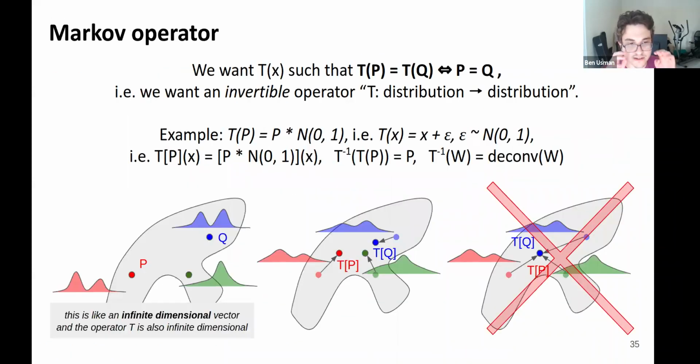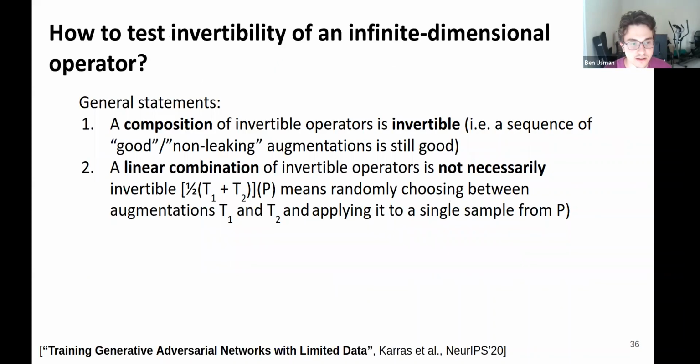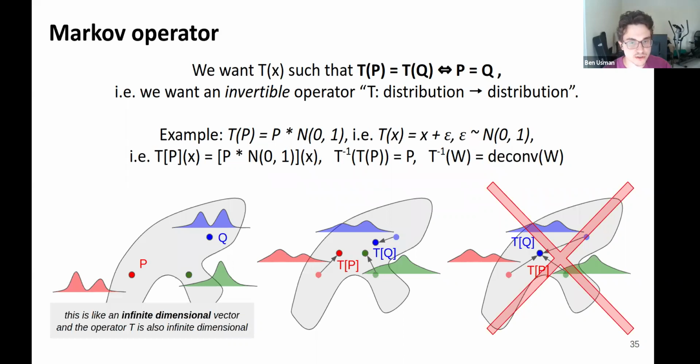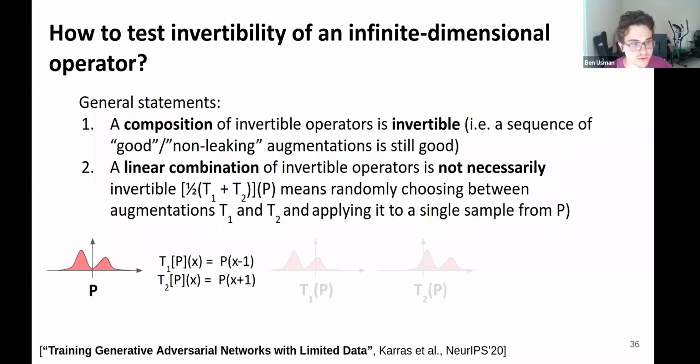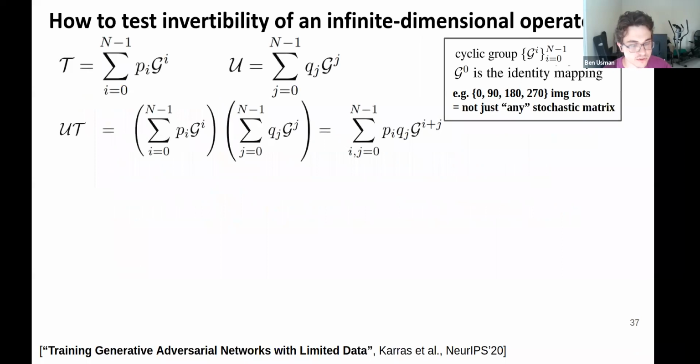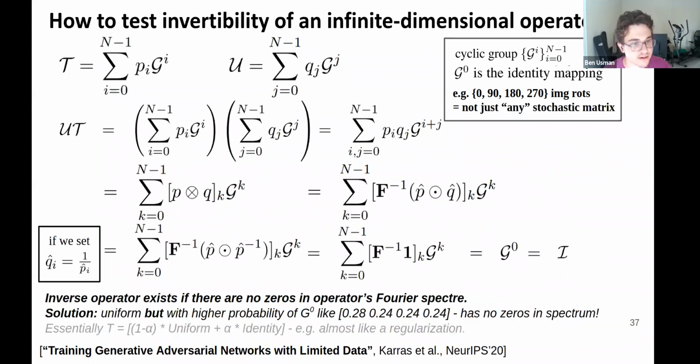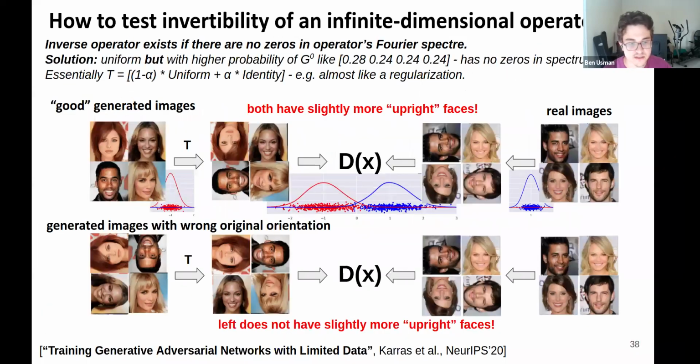They call it do not leak. That's an interesting part, and they show it theoretically. They connect it to the theory of operators, and operators being either invertible or not, and they provide several examples of which operators are invertible and how to check that. Then you are guaranteed that your augmentations would not mess up your generation.